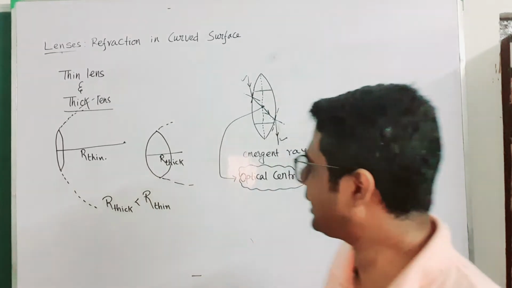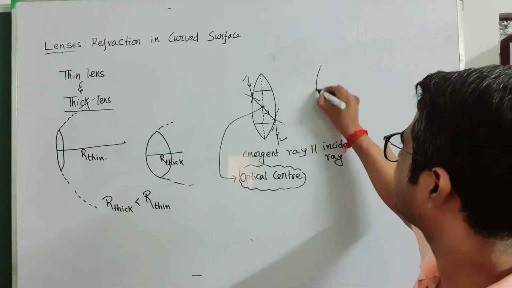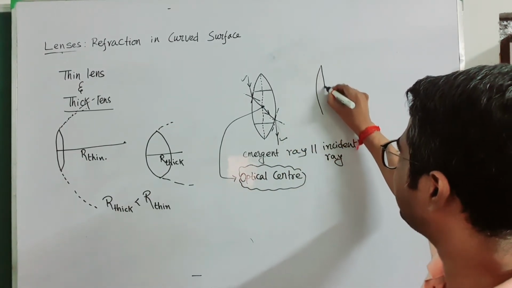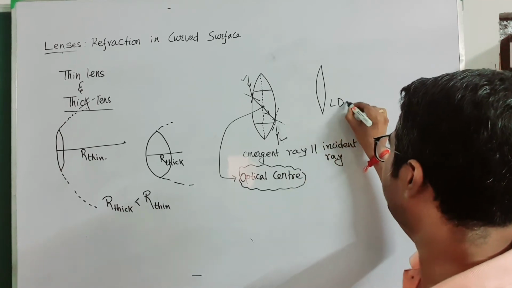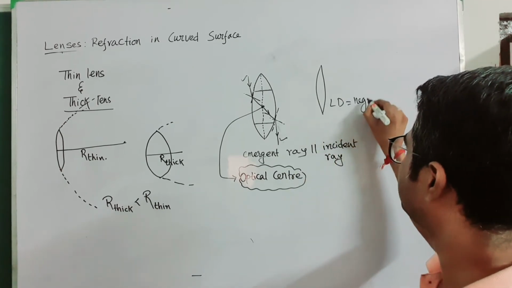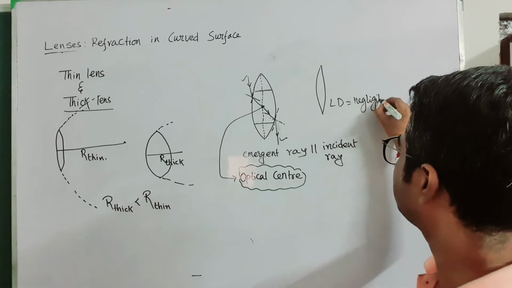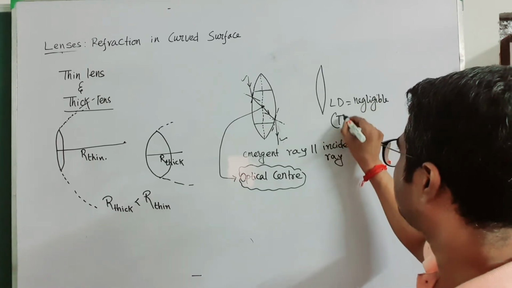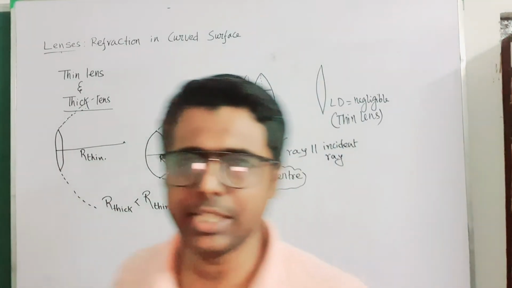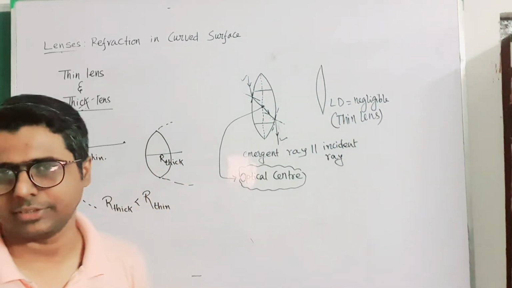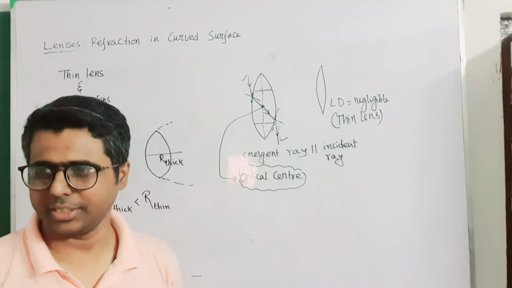So if I take a thin lens, then this lateral deviation will be negligible. In case of a thin lens, lateral deviation will be negligible. হবে তো নাকি না? হ্যাঁ?